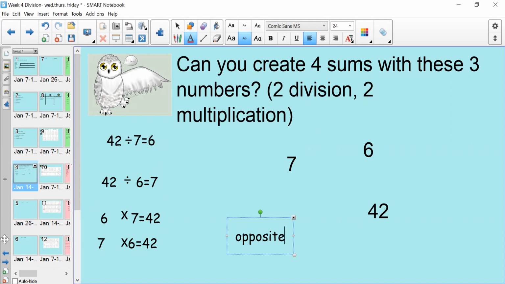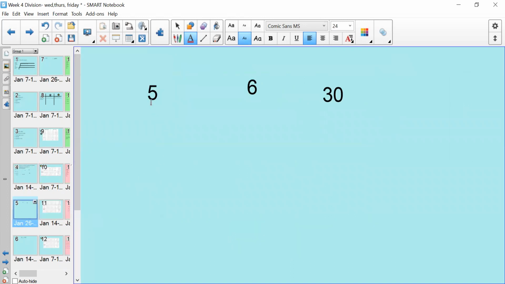division sums. So if we look at these ones, 5, 6, and 30, think if you can make 2 division and 2 multiplication sums out of those 3 numbers. Okay, so if we did our division first, we would have our bigger number, our whole number first. So 30 divided by 6 equals 5.